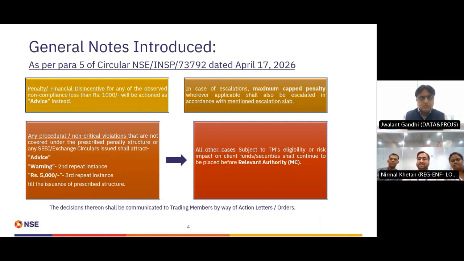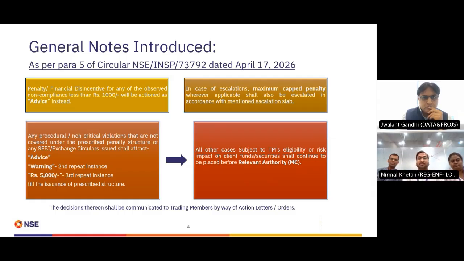But some caps were introduced, for example, 1% of the amount involved subject to a maximum of rupees 1 lakh. That cap will also be escalated if it is a repeat instance. So if a 50% escalation is mentioned, the revised cap in the case of a repeat instance will be 1,50,000.